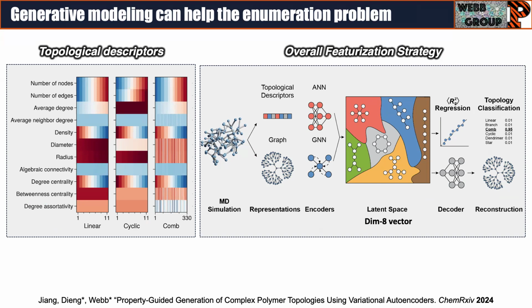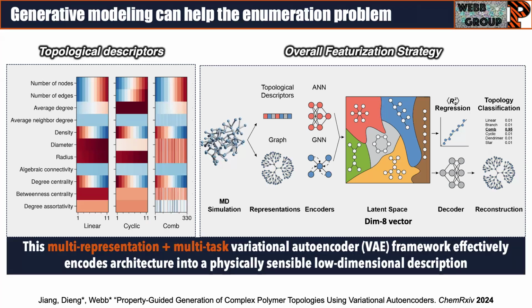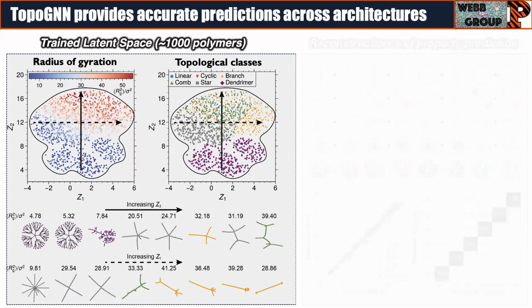But then we also directly feed in information about the architecture. And then all of this is processed in a variational autoencoder framework to give us a low-dimensional representation that we can learn from. We can do the machine learning on features from that space. And we find that this works very well. It gives us a physically interpretable low-dimensional space when it's coupled to different learning tasks.